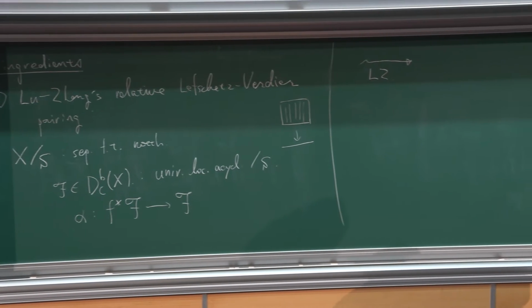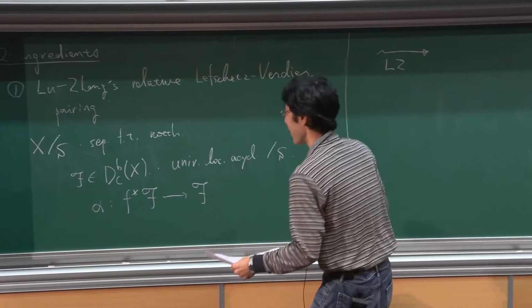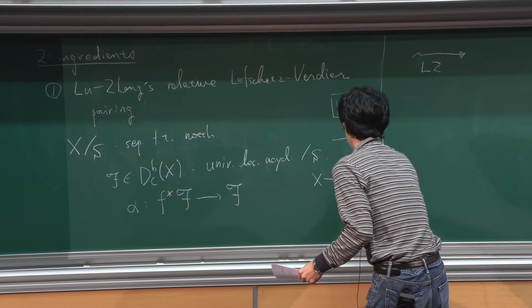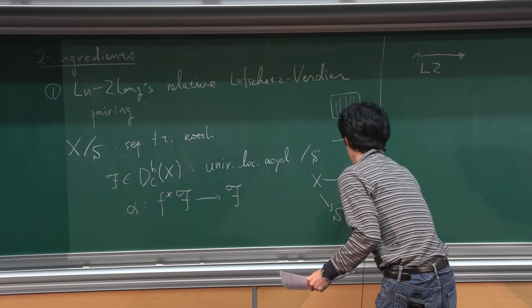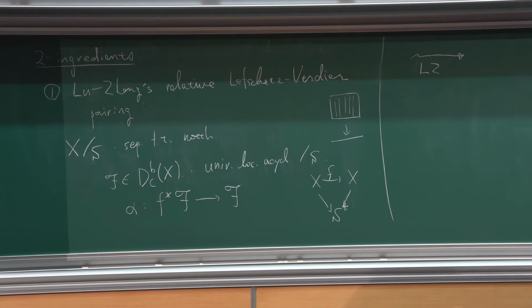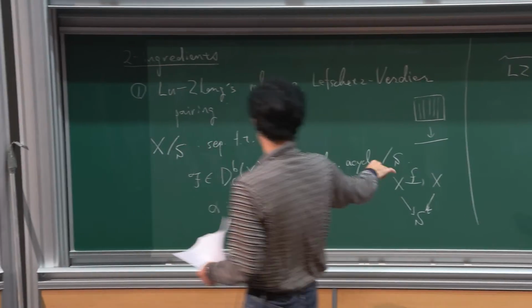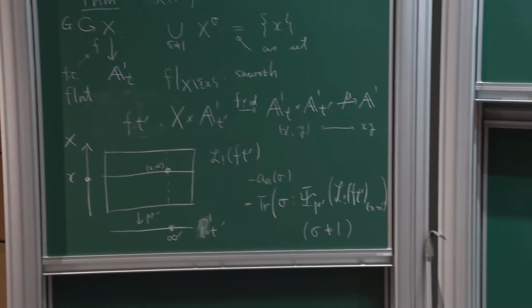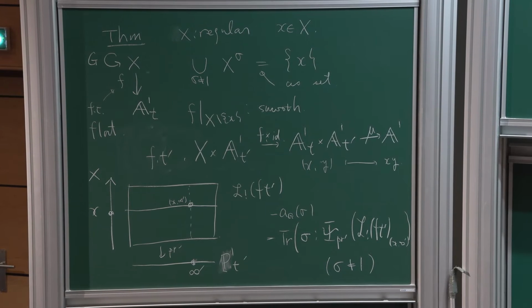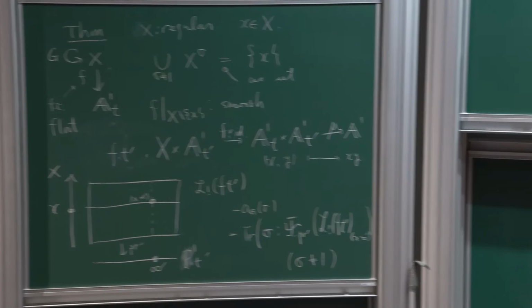What was little f? Excuse me? You're right. So X, this is also given. At the end, we want this F to be the sigma. I'm given some morphism, an endomorphism of X over S. Thank you.